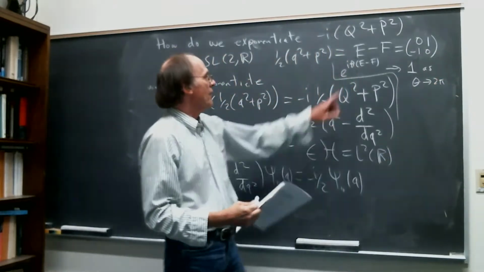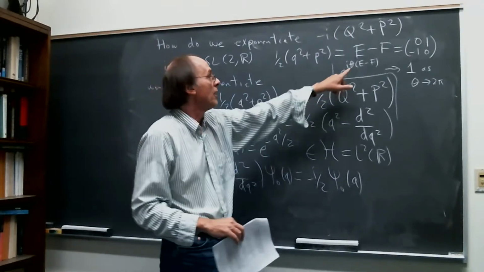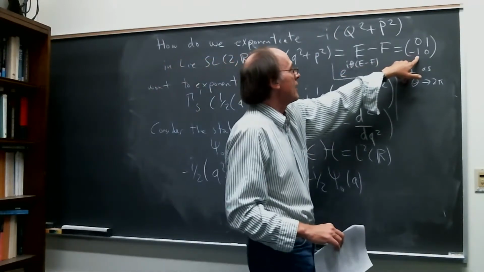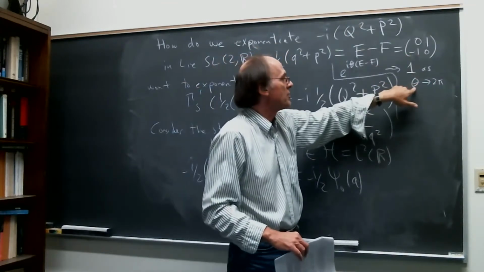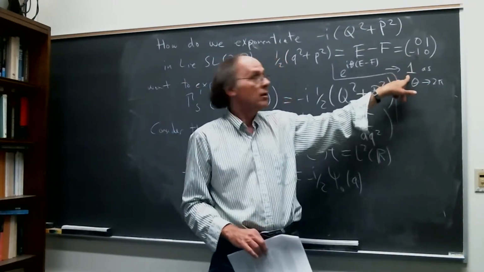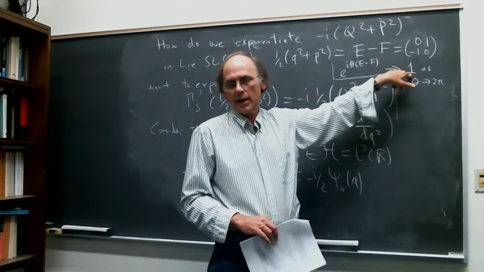So what happens is if you take theta from 0 to 2 pi, you go around a circle of these matrices, exponentiate this guy, compute what it finds. You find that you go around a circle of matrices and come back to the identity matrix.